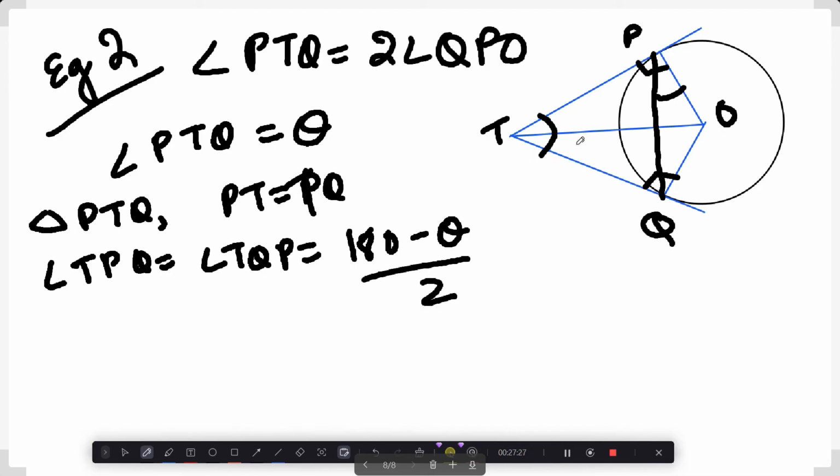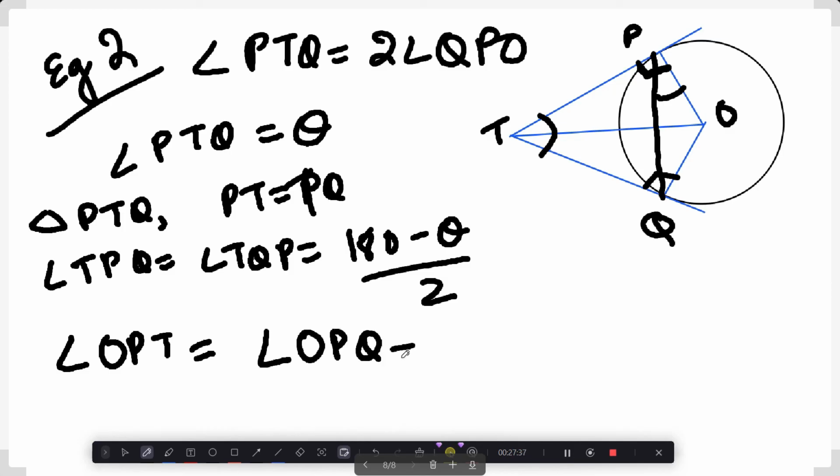Right? So what is this? Angle OPT is 90, which is what? Angle OPQ plus 90 minus theta by 2, substituting the value of TPQ from here. So what is OPT?